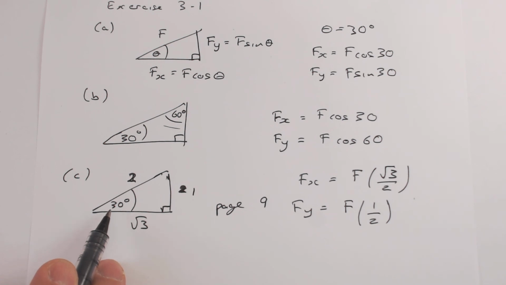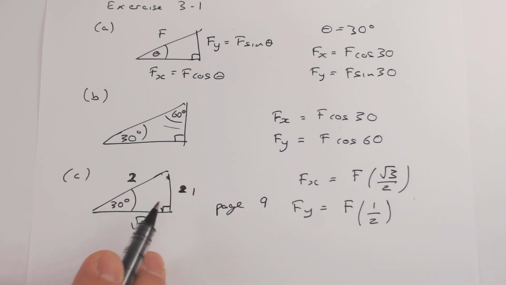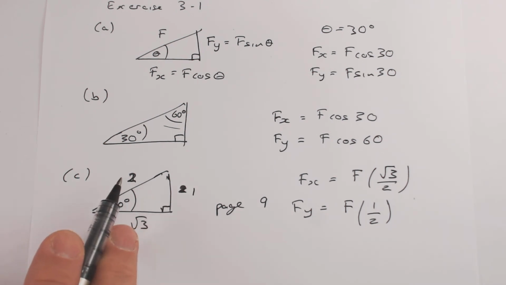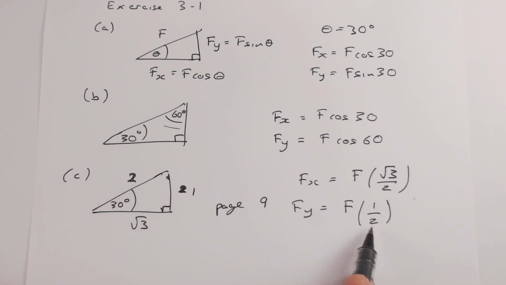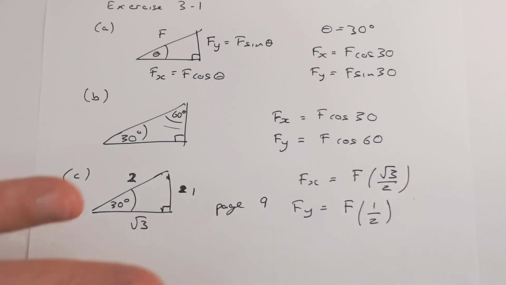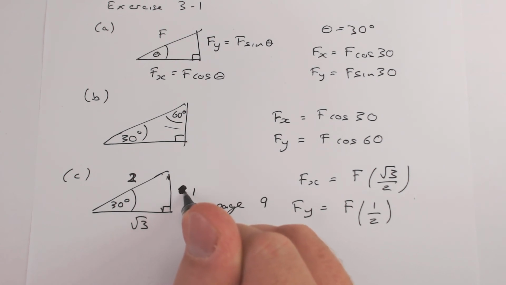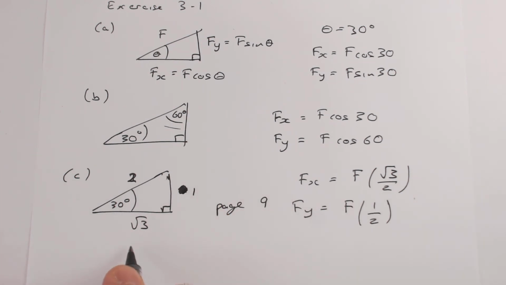So I could say sine 30, well, my opposite is 1 and my hypotenuse is 2 again. So either way we're going to get F times half. Okay, so slap on the wrist for mixing that up. But that looks fine, doesn't it? Oh, that's good enough.